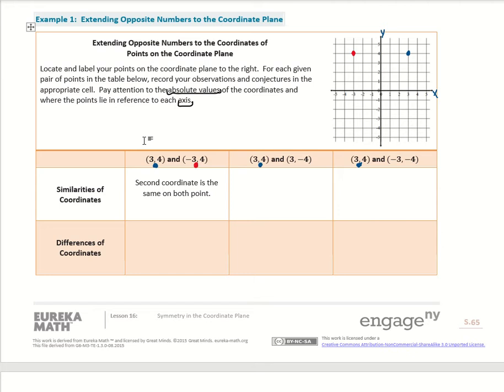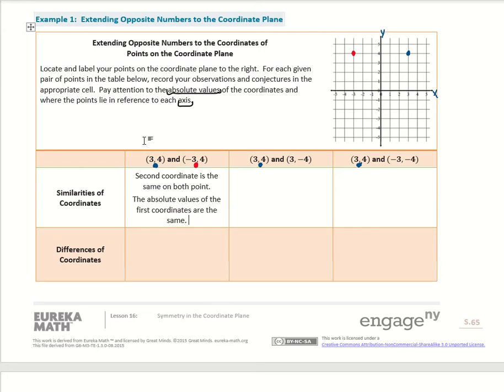Oh, so the absolute values of the first coordinates are the same. So the points themselves aren't the same. 3 and -3 aren't the same number, but they have the same absolute value.